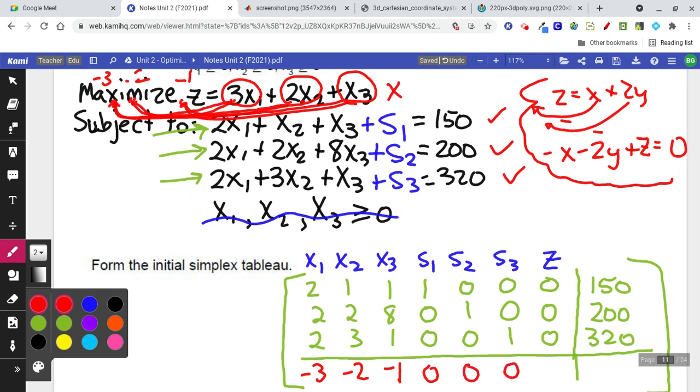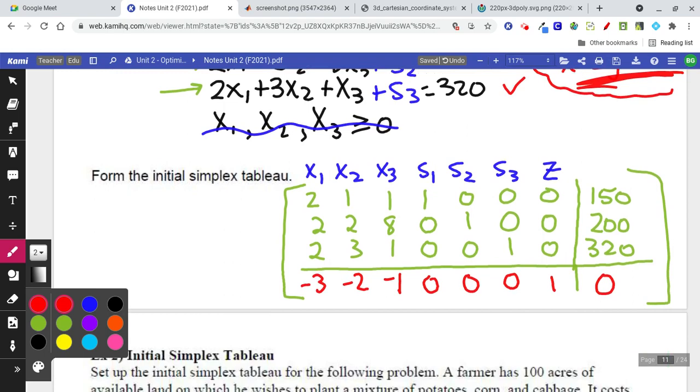It was already an equation. Now, don't forget about the last variable. You already had this one Z on the left side. You moved everything out of the right side, and so it equals 0. Just like we did over here, we moved everything over to the left side, and we still equaled 0. So that is your initial simplex tableau.